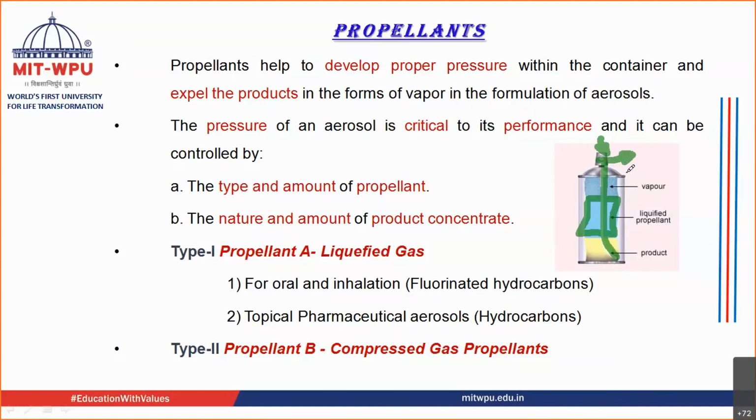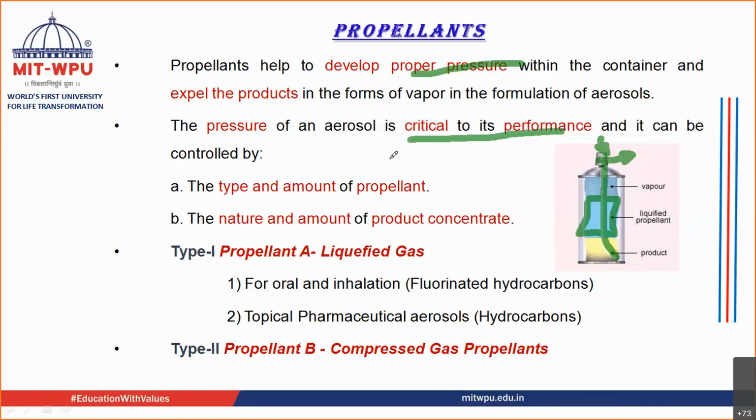Are you understanding? So the propellant is a very important system because it develops the proper pressure and the contents get released. This pressure is very important for the performance of your aerosol.